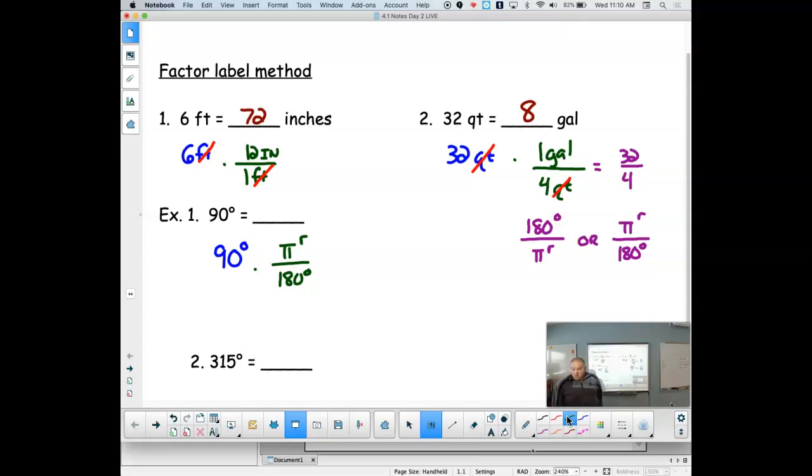Okay? Now, when we're multiplying fractions, remember we can multiply straight across first and then reduce, or we can reduce first. 90 goes into 180 twice, and then these degrees cancel each other out, so we're left with just pi over 2 radians.